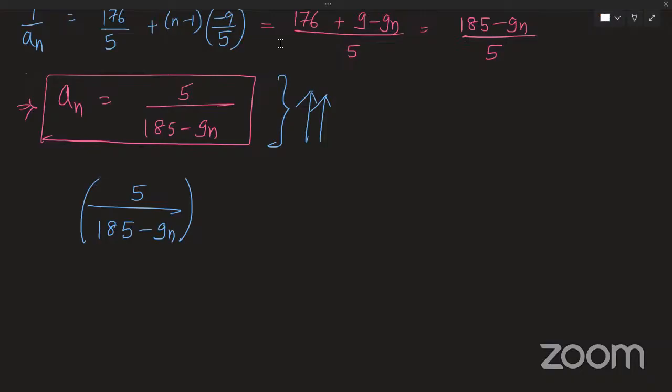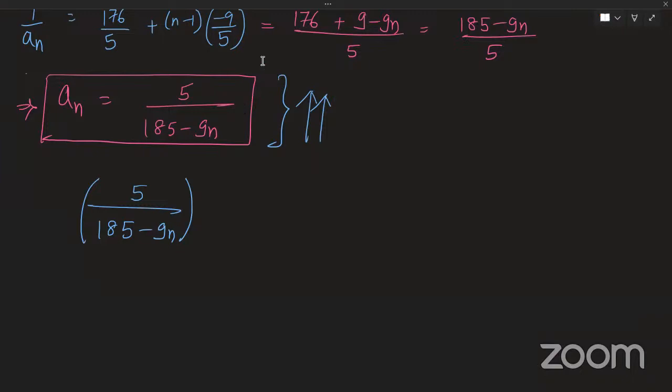Think. Is it correct, A1 equal to 5 by 185 minus 9? See, listen to my question clearly. You have 5 divided by 185 minus 9n.